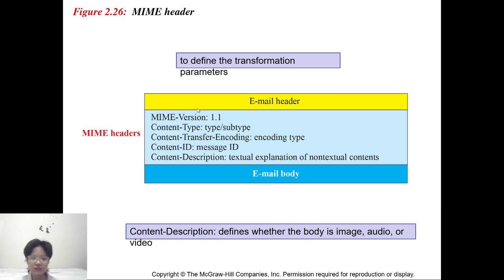To define the transformation parameter, we have the email header and then the email body. Content describes and defines whether the body is image, audio, or video.